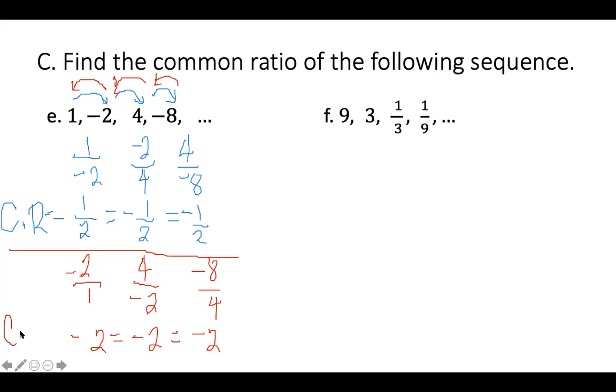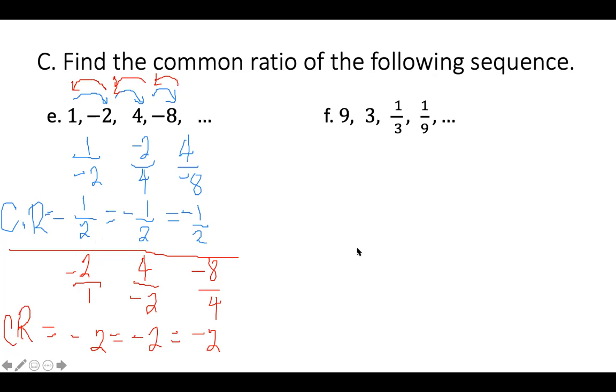Thus, the other common ratio of the given sequence is equal to negative 2, right? So negative 1 half and negative 2 are the common ratios of this given sequence. So either of the ratios is correct, okay?